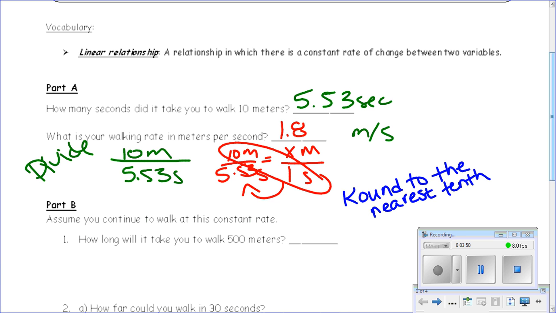Okay, so right here it says round to the nearest tenth. So 1.8, I can write out meters per second. Or like I wrote in the green, M/S, that is also okay. You could write out the full words, meters per second, which means the same thing.